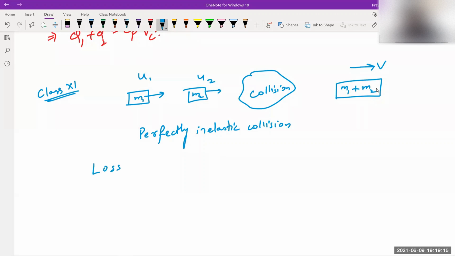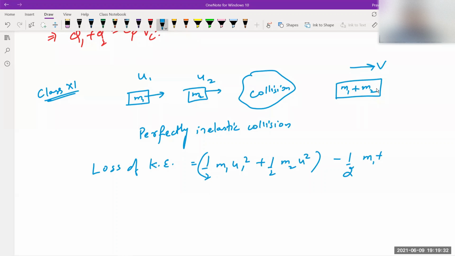So do you remember the formula of loss of kinetic energy? The initial kinetic energy is half m1 u1 square plus half m2 u2 square. This is the value of initial kinetic energy, minus the final kinetic energy. Both are acting as a single body, since in a perfectly inelastic collision bodies stick together.